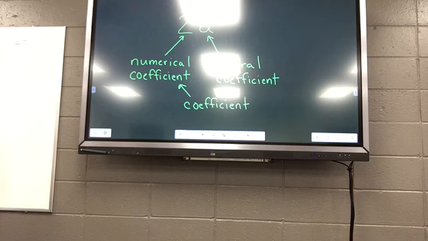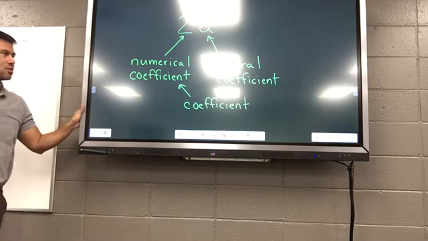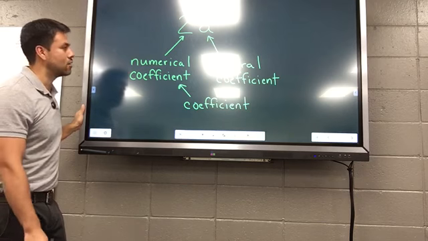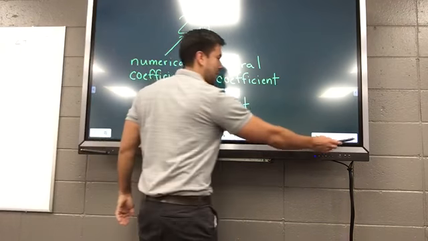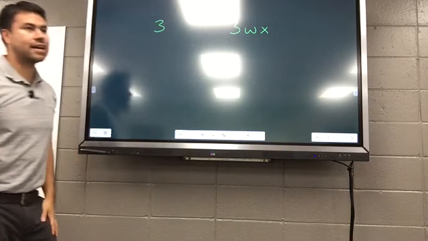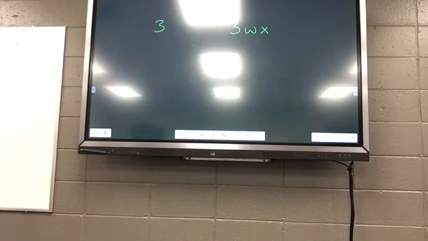All right, so far we're just getting some new terms put in, with the first one being term. And then we're getting these other coefficient words and all that. Okay, time to move on. Not all terms have numerical and literal coefficients. Okay, look at this term right here.